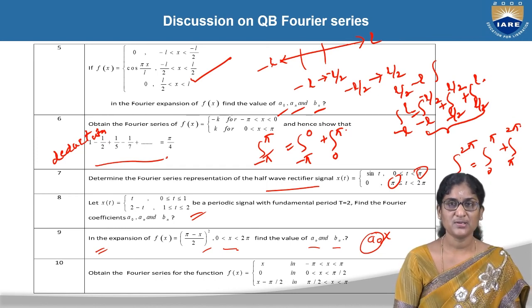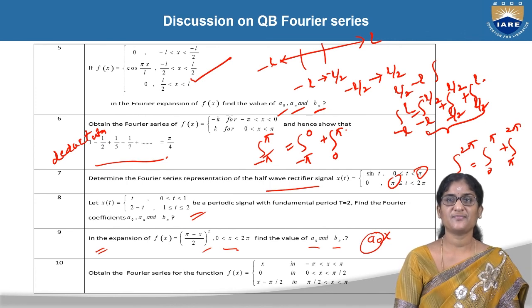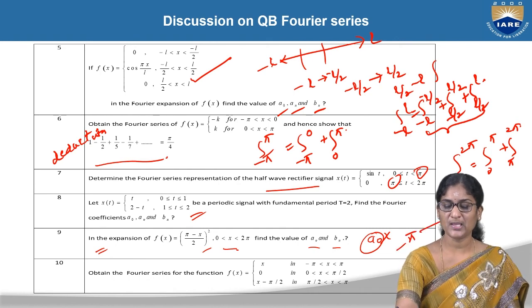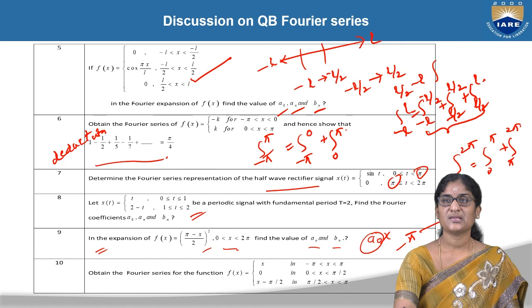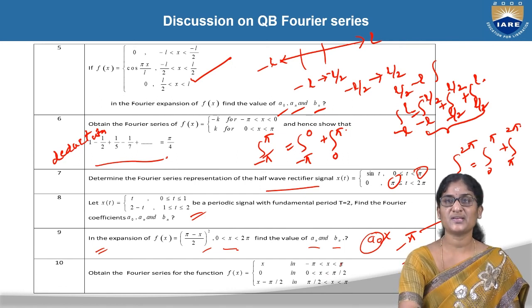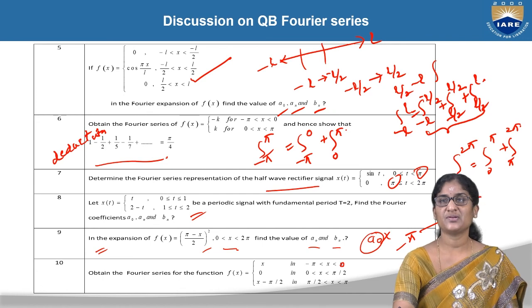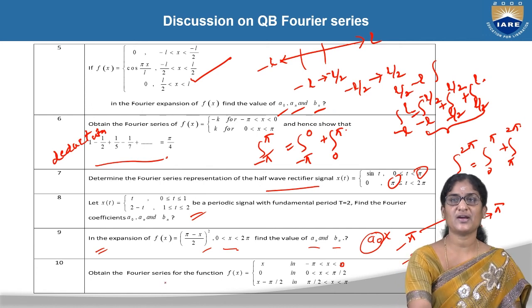Now, the last question: obtain the Fourier series of the function f of x. Again here, for the functional value, the total interval minus pi to pi has been split into three parts: minus pi to 0, 0 to pi by 2, and pi by 2 to pi. So what integration do we take?